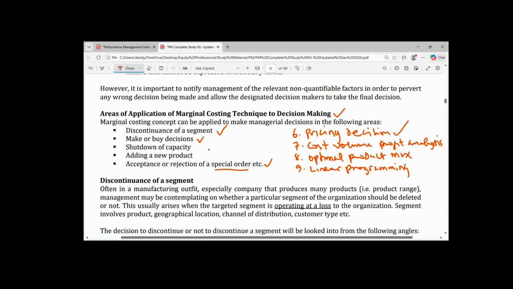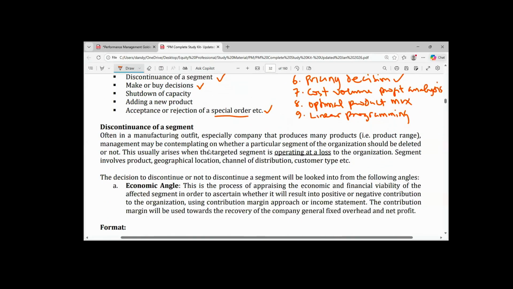Now, let's take it one by one. This class will last for the next three periods, maximum of three, minimum of, let's say, 2.5. Today, by the grace of God, my plan is to complete the deleting of a segment.